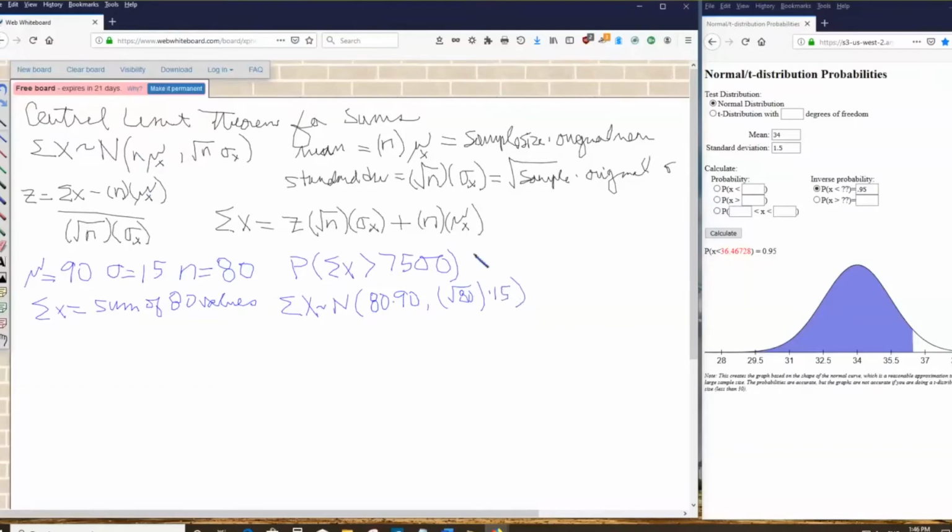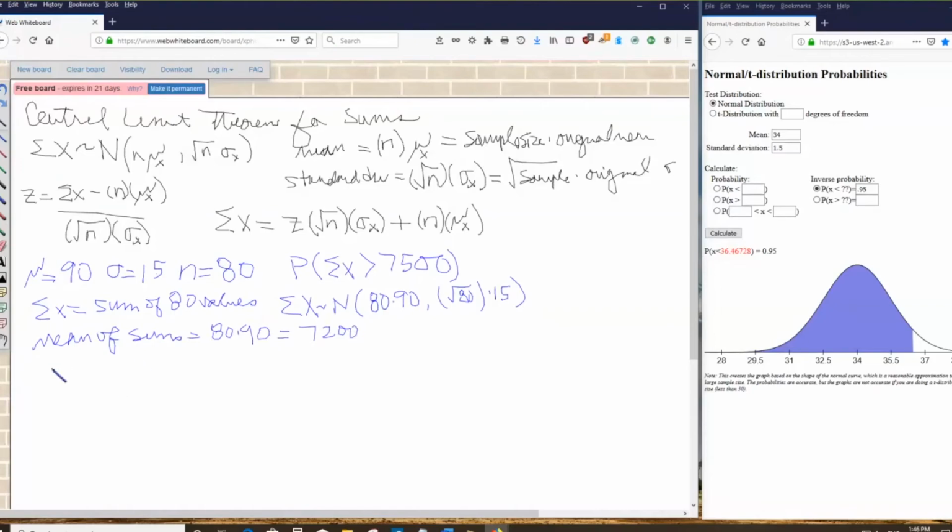So let's write that out. The mean of the sums is going to be 80 times 90, which is 7,200.